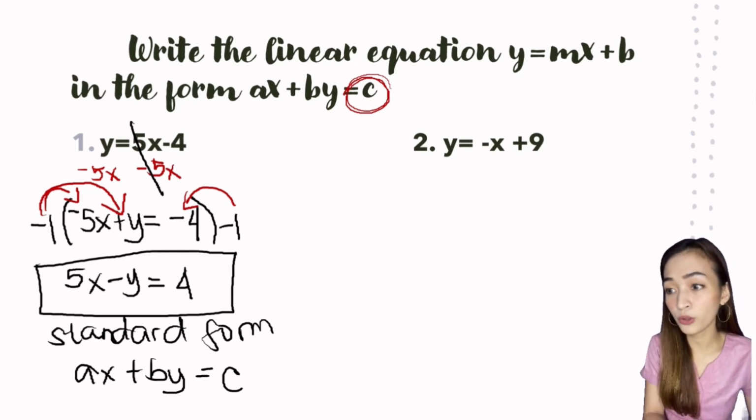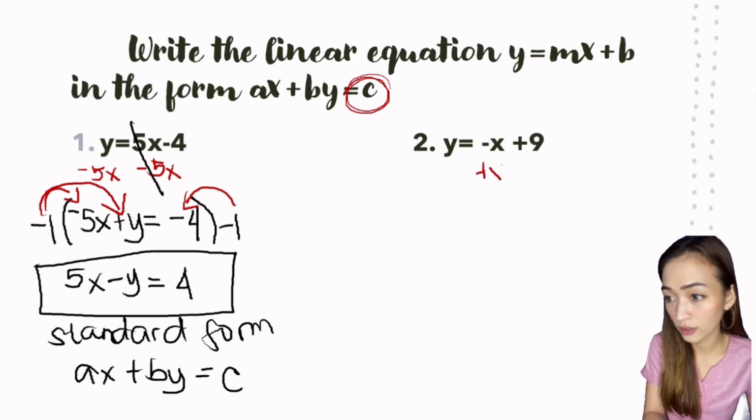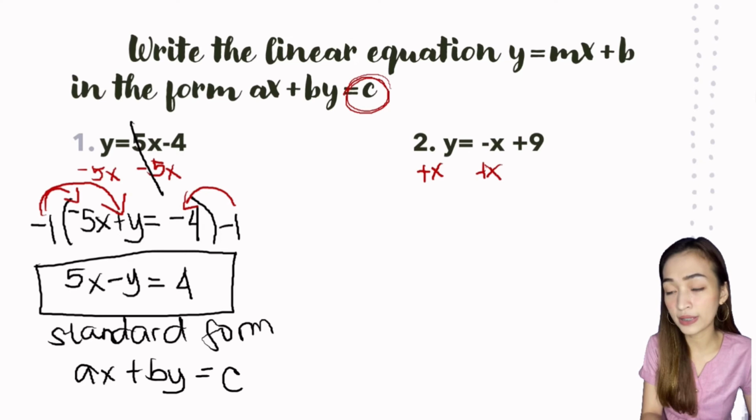Now, in number 2, we have y equals negative x plus 9. So, what we're going to do is transpose this negative x to the left-hand side. So, we will add the opposite sign of our negative x. So, the opposite sign of negative x is positive x. Okay? So, we will also add this positive x here at the left-hand side.